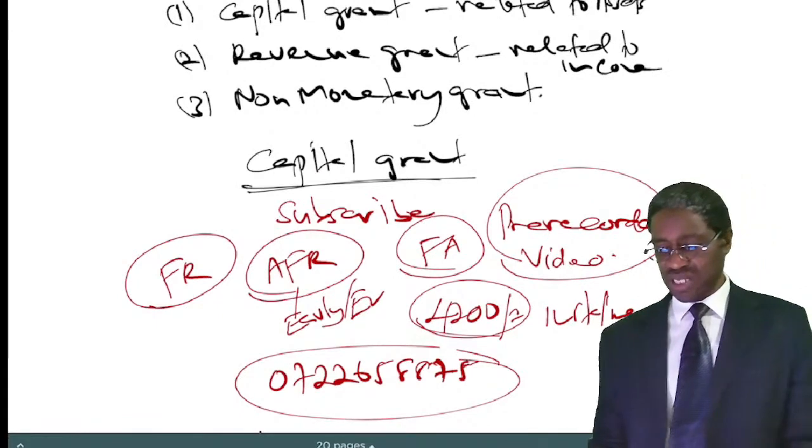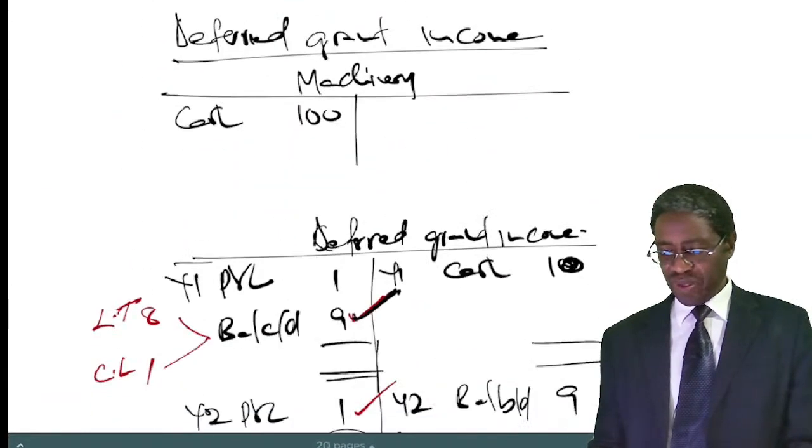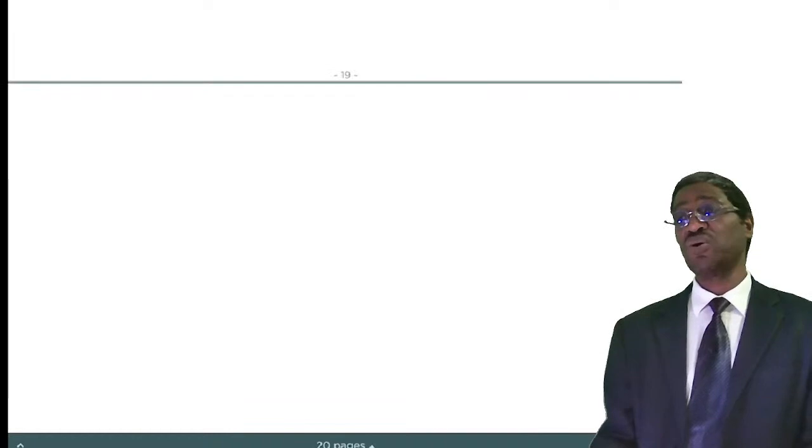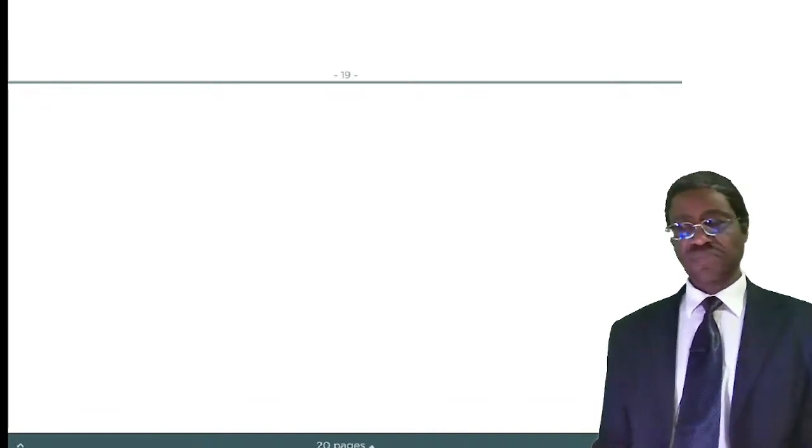So write another subheading: accounting for capital grant.